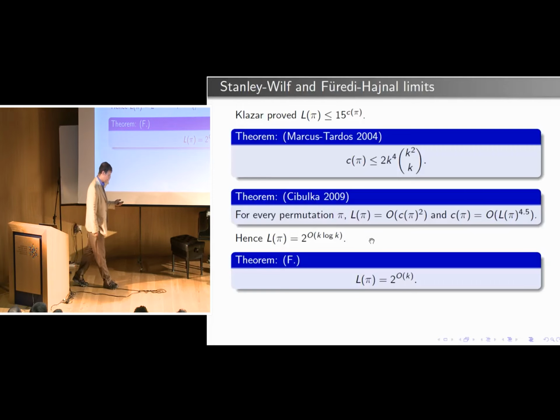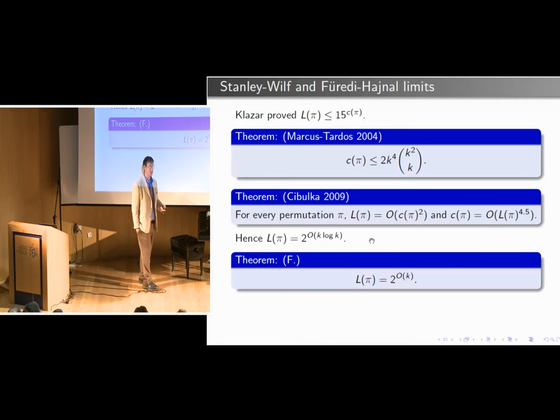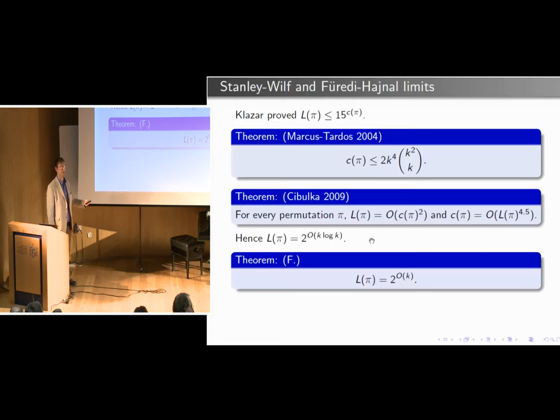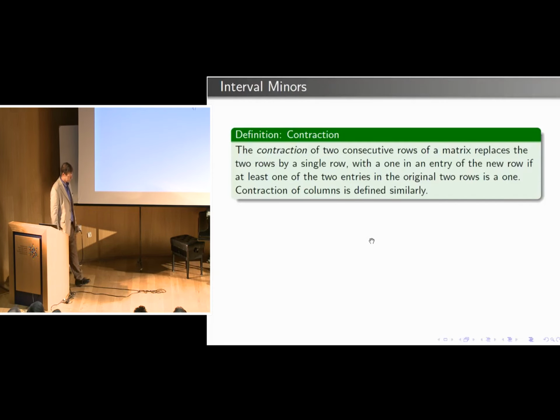It's somewhat new in the sense that it hasn't been properly defined before, but it's also implicit in previous works. And so it's sometimes very helpful to really define something and start working with it. And it's this notion of interval minors. So we need a notion of contraction.